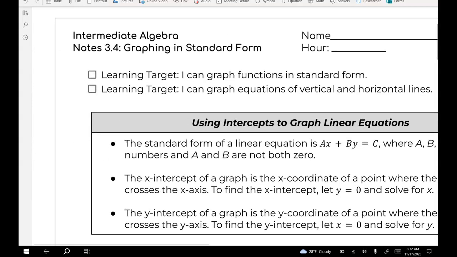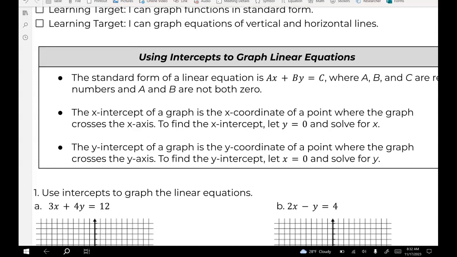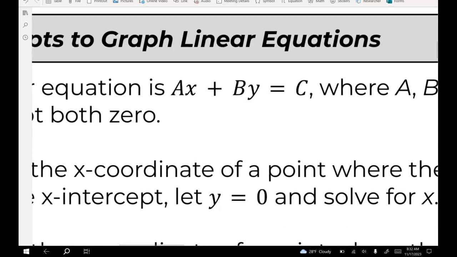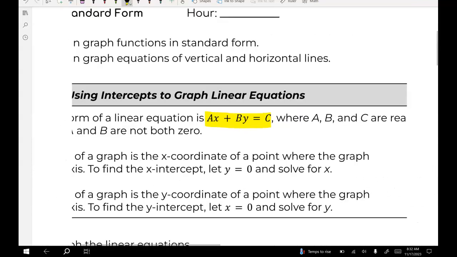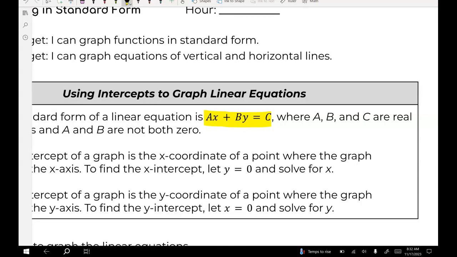So this first bullet point in our definition box is what standard form looks like. This ax plus by is equal to c. Those capital letters A, B, and C stand for different numbers, and x is still your input and y is your output.